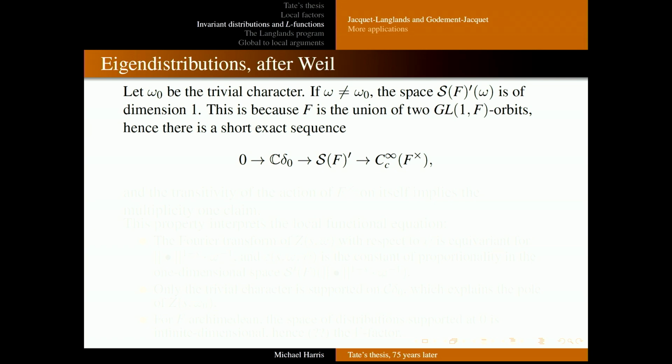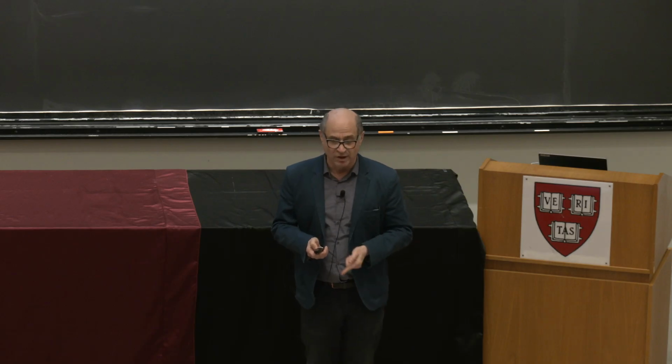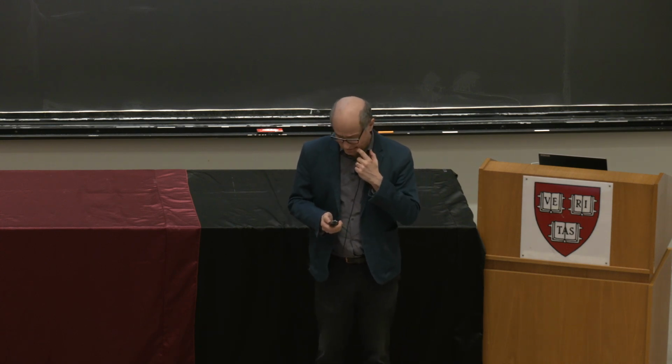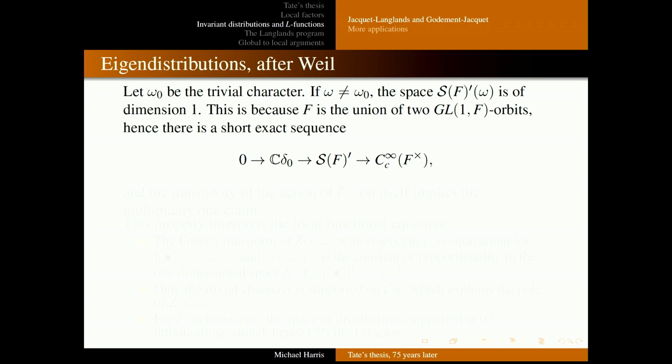Well, if omega is not the trivial character, then the space of equivariant distributions with character omega is of dimension 1. And this is because there's a short exact sequence of distribution spaces, dual spaces, with the distribution space in the middle, and on one side there is the delta distribution at the point, because F is the union of F star and 0, so it's two orbits.